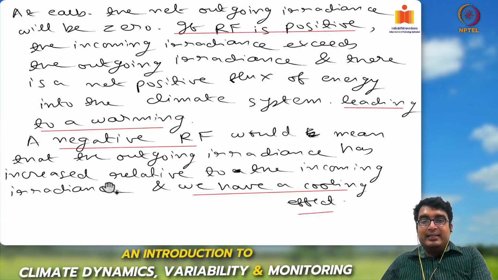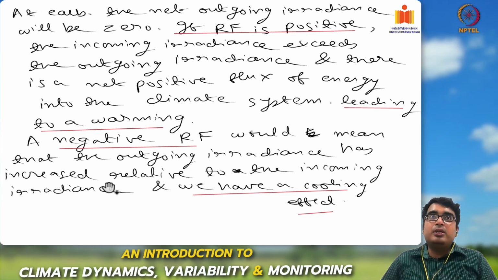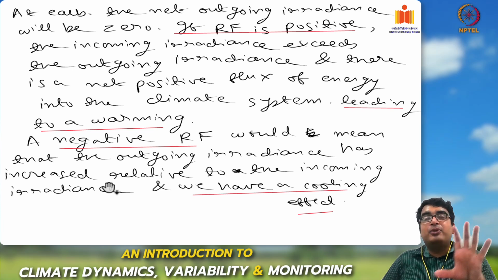So let's understand this idea a little bit more. At equilibrium conditions, the net outgoing irradiance will be 0. So let's see why this is the case. At equilibrium, the atmosphere, the earth's surface and the oceans are neither heating up nor cooling down when you take, say, a mean over multiple years. Hence, earth is neither absorbing heat nor releasing heat.